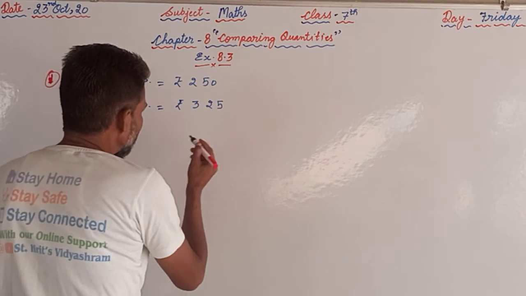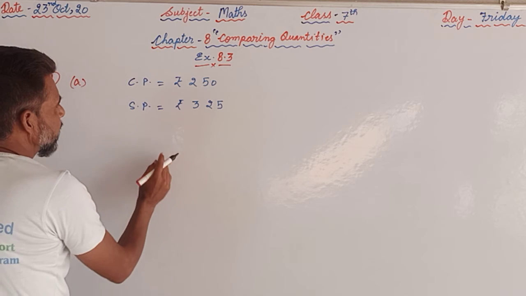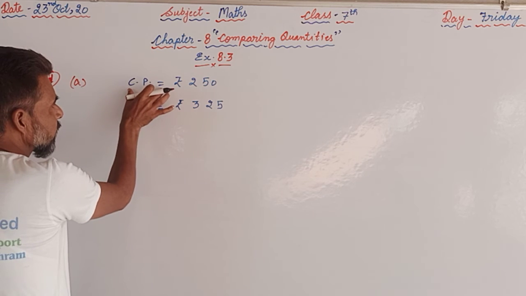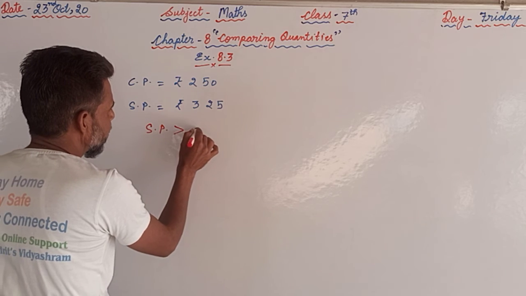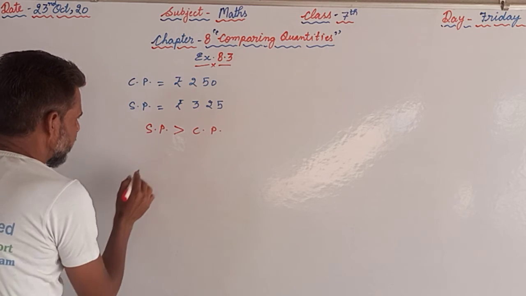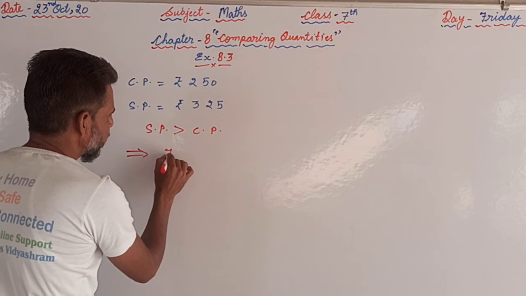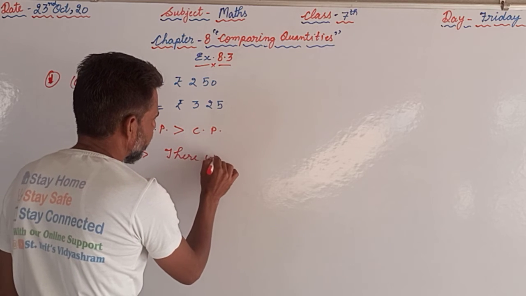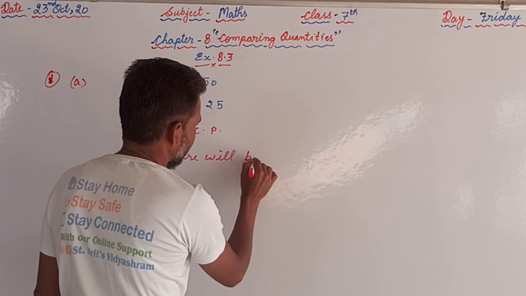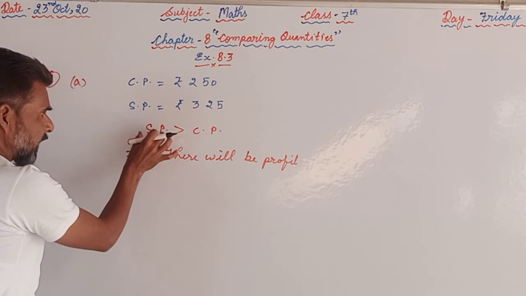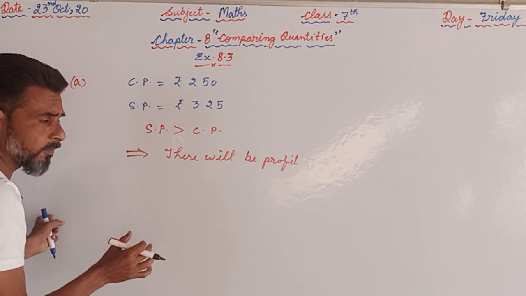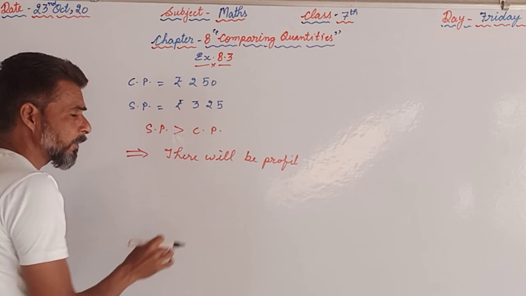Now here we can see that selling price is more than cost price, SP is greater than CP. It implies there will be profit. If SP is greater than CP, then there will be profit. If SP is less than CP, there will be loss.